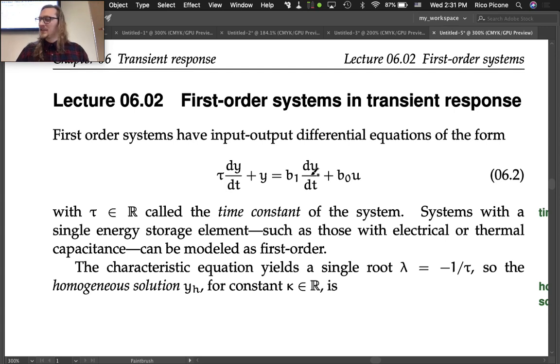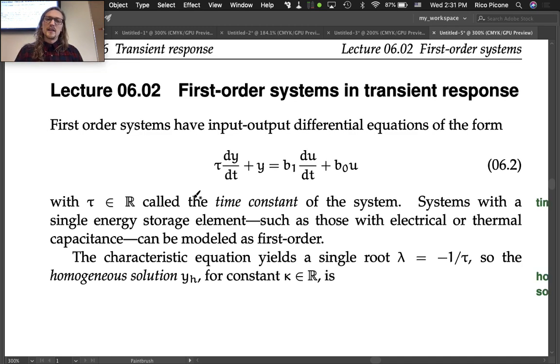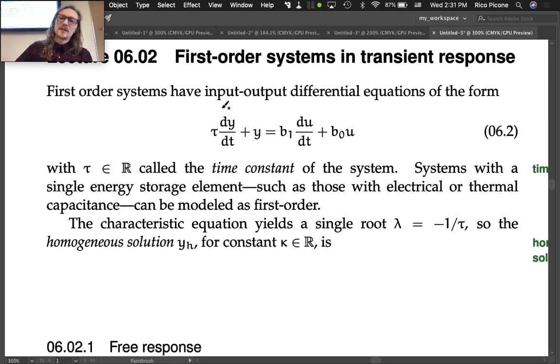Okay, so lecture 6.2, first order systems and transient response, is going to get into the nitty-gritty of transient response for a very specific type of system, a first order system. These systems have input-output differential equations of the form of equation 6.2. So we have a time constant, tau, comprised of some parameters of our system, maybe the mass, maybe the spring, maybe the resistance or capacitance.